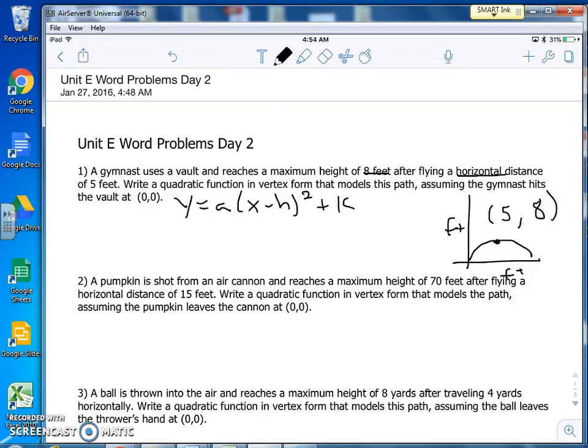So we'll take our vertex form of a quadratic equation and we'll replace as many of those letters as we can. We know the vertex gives us h, k, so this is our h value.